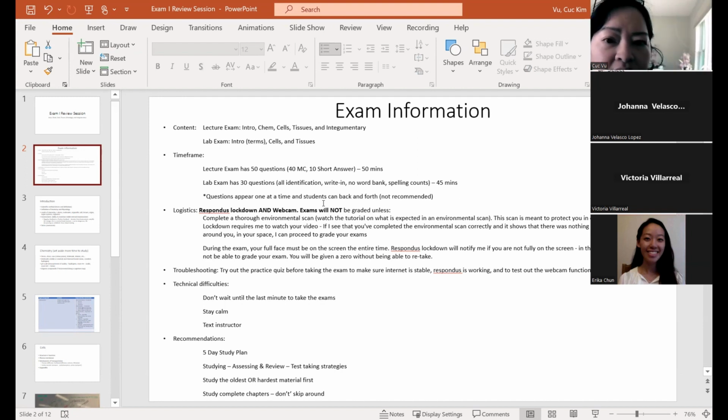You also want to make sure that there's nothing on your lap, because in previous years, I've had students put their cell phones on their lap, and I can see when you go like this for an extended period of time. Plus, when you have your phone on, do you see how it flashes on my face? Yes.